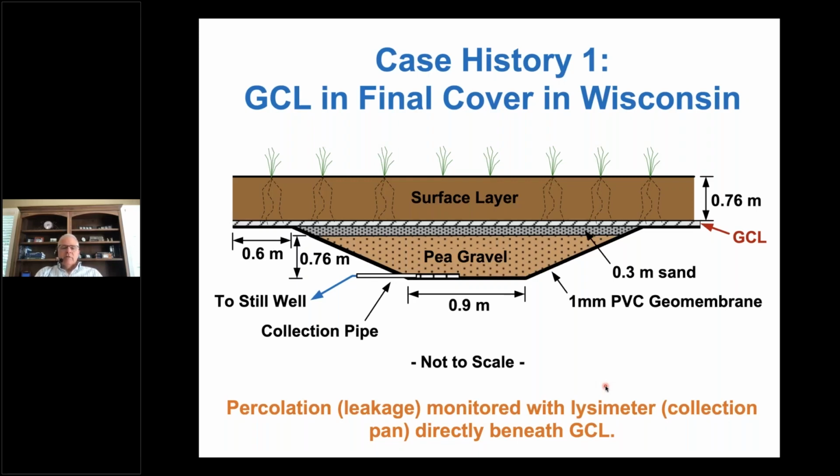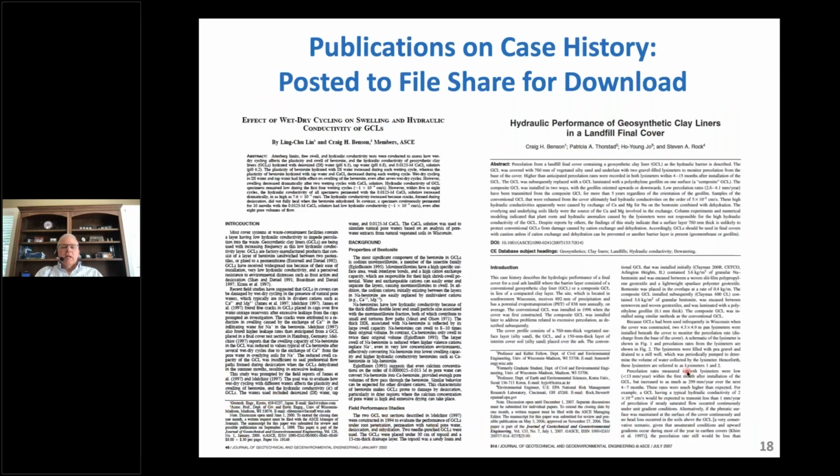They had a lot of confidence in the outcome, thinking that if it's a GCL and the hydraulic conductivity is around 2 or 3 times 10 to the minus 9 centimeters per second under unit hydraulic gradient conditions, just vertical gravity flow continuous, it should be at most about 3 millimeters per year of percolation. And so they began to look at the data and judge whether it was functioning congruent with what the expectations were.